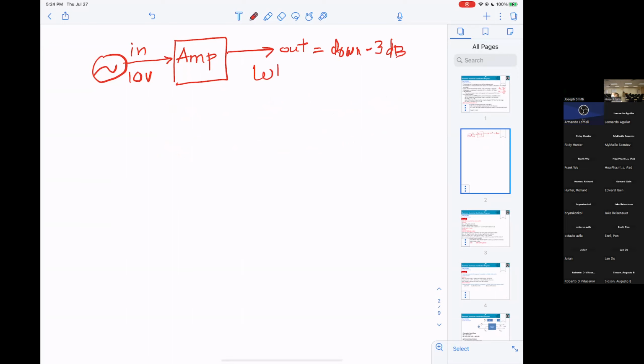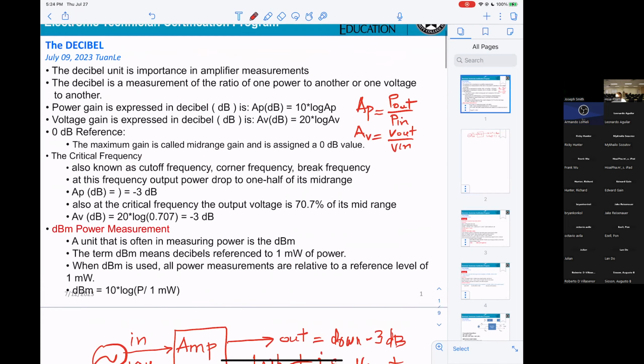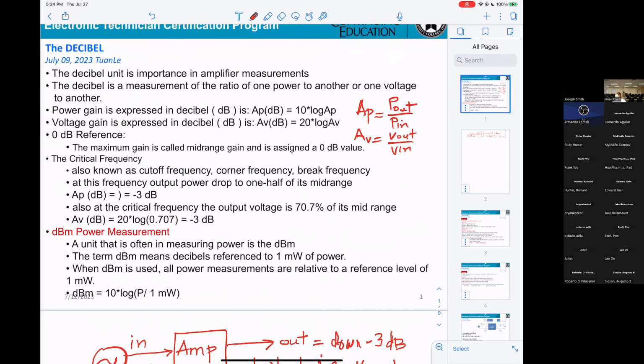So what we just learned: minus 3 dB, right here, is equivalent to 0.707.